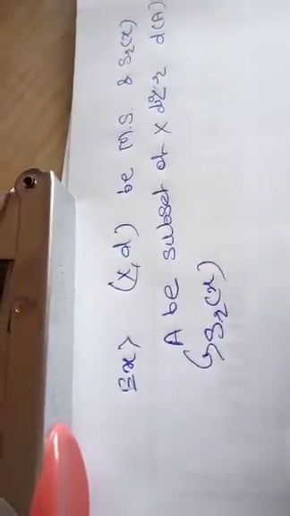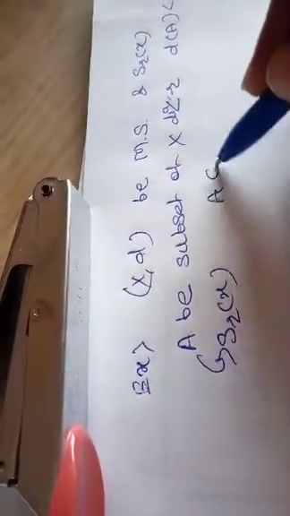Let A be a subset of X with diameter less than r, that is, d(A) is less than r, which intersects S_r(x). Then we have to show that A is a subset of S_2r(x).